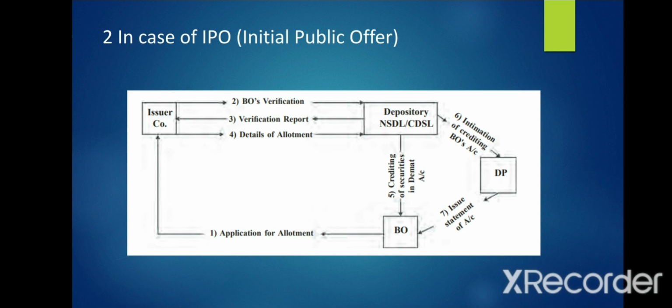The issuer company verifies details of beneficial owner with the depository. After verification of beneficial owner's details, the depository gives its reports to the issuer company. Issuer company gives details of allotment of securities to depository.